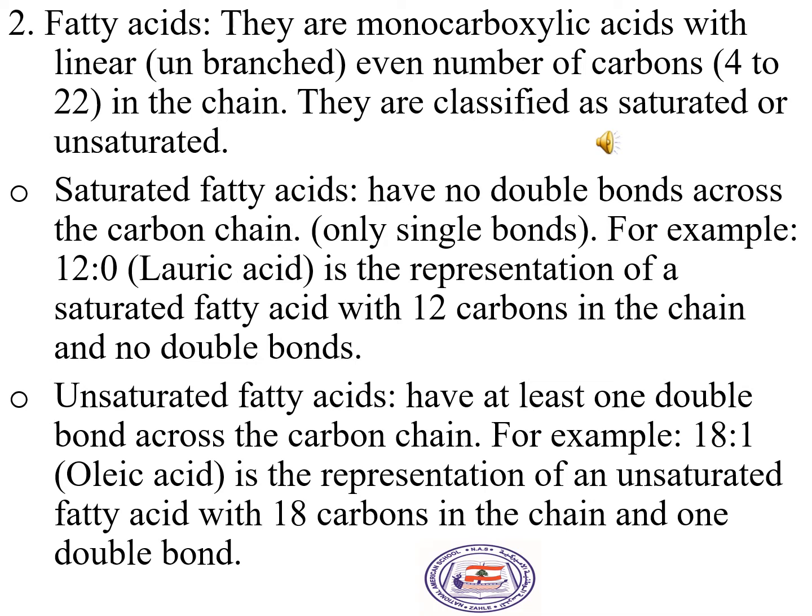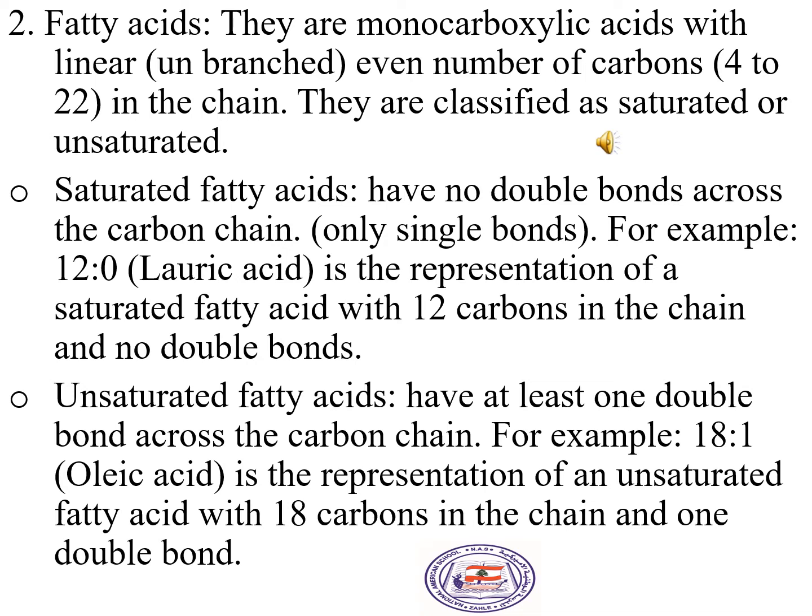Now the 12 indicates that the lauric acid as a fatty acid has 12 carbons, and the 0 indicates that lauric acid is a saturated fatty acid, meaning that it does not have any double bonds across the chain. Only single bonds exist between the 12 carbons in lauric acid.